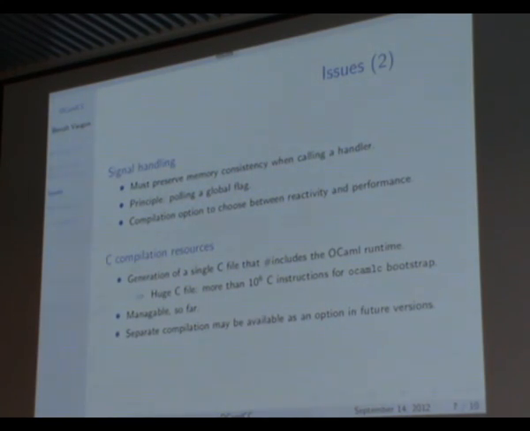But in practice, GCC or some other compilers compile it in nearly 1 minute on a standard computer. So it is not a big problem. But if in the future it becomes a problem, we can perform separate compilation to solve it.